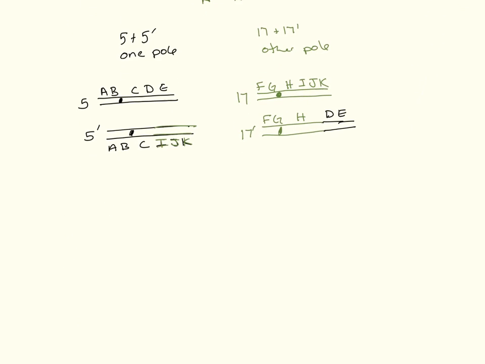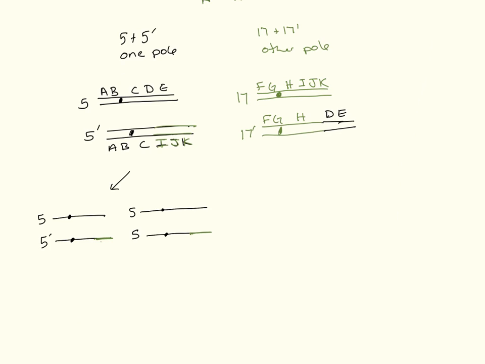We have another round of cell division where the sister chromatids are pulled apart, and so we're going to end up with our 4 daughter cells at the end of meiosis. We're going to have one that has 5 and 5 prime, another one that has 5 and 5 prime.